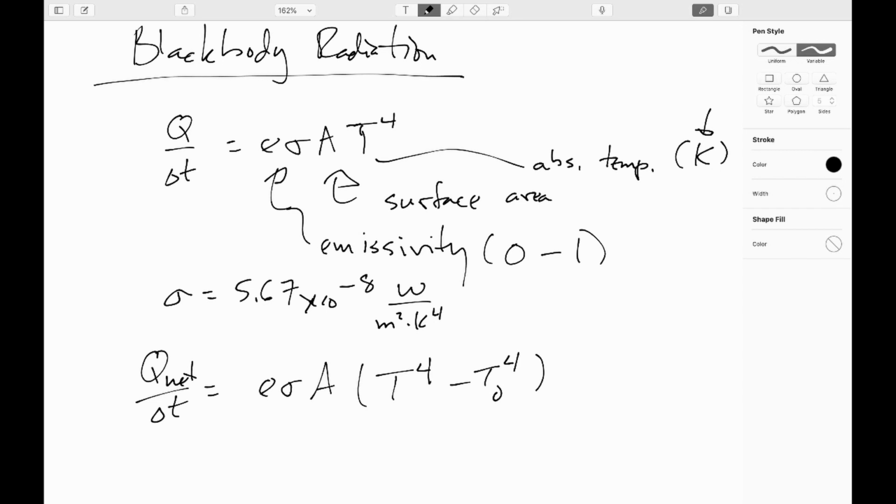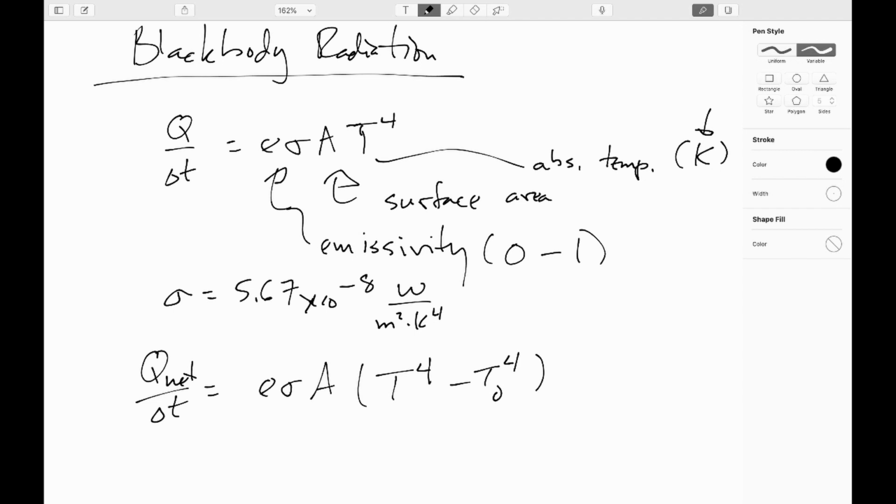This is part of why a lot of attention has been placed in designing buildings into thinking about the windows, because it turns out that although windows are clear in the visible, they're actually pretty opaque at other wavelengths.